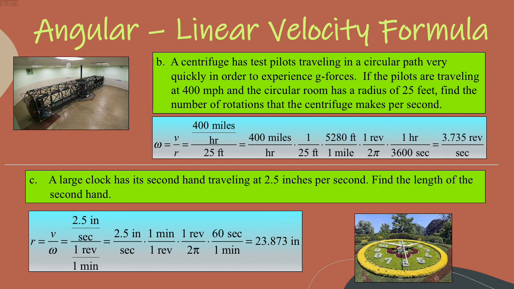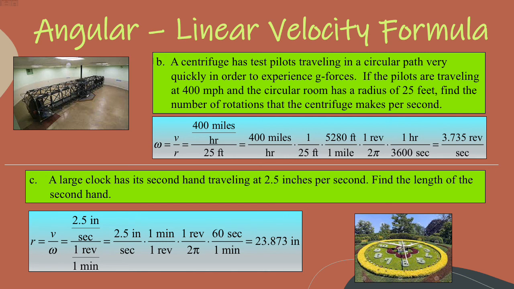Doesn't look like we have enough information to do the problem, but we do. We know that v is 2.5 inches per second. And since it's a second hand, we know that a second hand does 1 revolution in a minute. So doing an inversion of the denominator, we get 2.5 inches over seconds times 1 minute over 1 revolution.